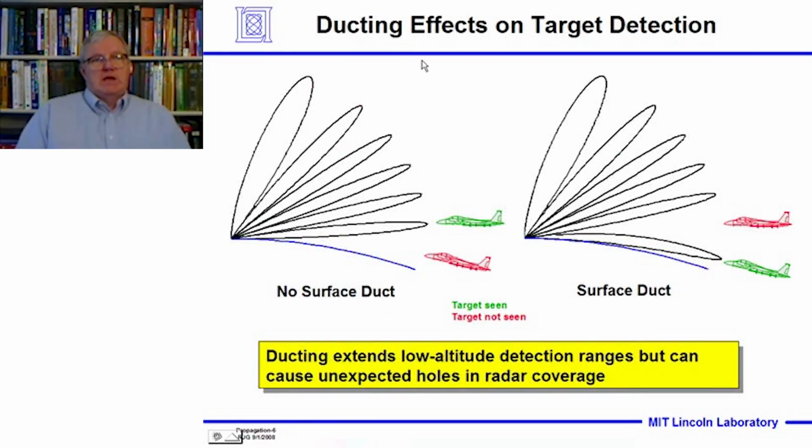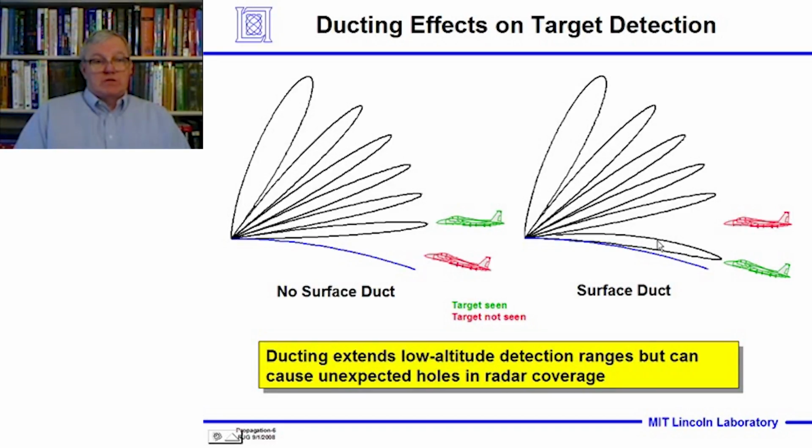Now, what's the effect of ducting on target detection? With no surface duct, the radar would have a number of multipath lobes, and we have two targets heading towards this radar. We see with no surface duct that this aircraft would be detected by the low beam, and this lower aircraft wouldn't be seen till it was much closer to the radar.